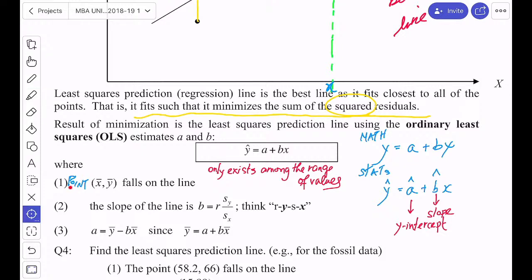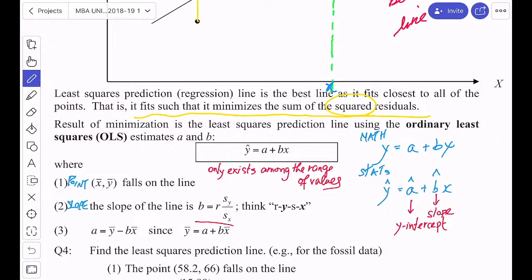So that gives us a point. We know if we have a point and a slope, we can draw the line. So all we need is a slope. Can we get a slope? Well, yes, you can. In general, the slope of the line is computed by this formula, and I discussed it last class a bit.